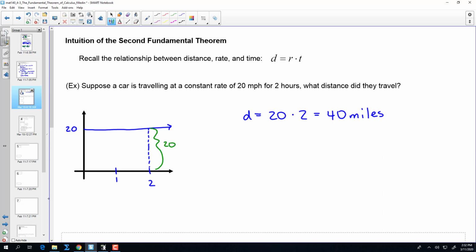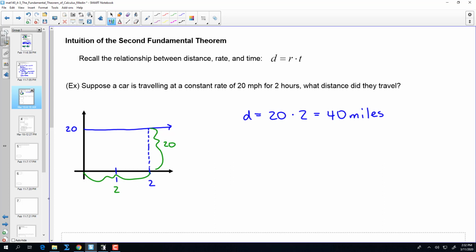And in fact, it's actually the difference between 20 and 0, so you can even think of it as a delta y. The width of this interval is 2, because the end time is 2, the start time is 0, 2 minus 0 is 2.